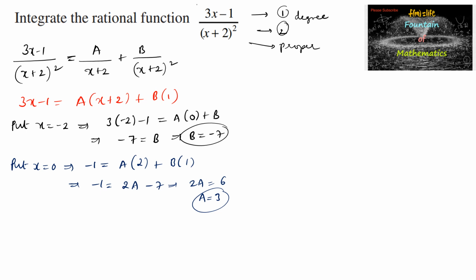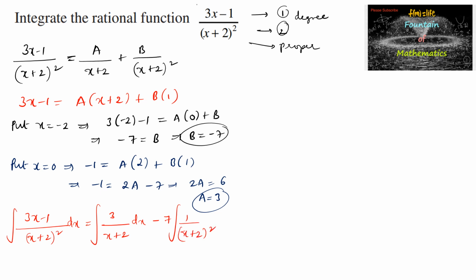So integral 3x minus 1 upon x plus 2 whole square dx is equal to a, that is 3 upon x plus 2 dx, and the value of b is minus 7, so minus 7 integral 1 upon x plus 2 whole square dx.